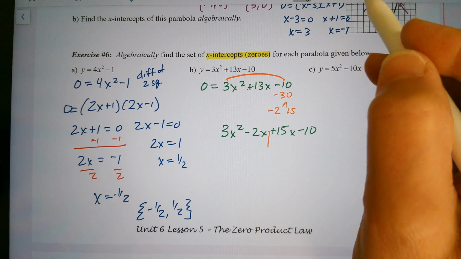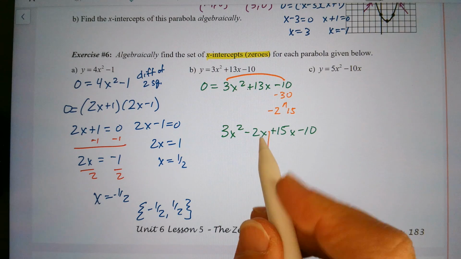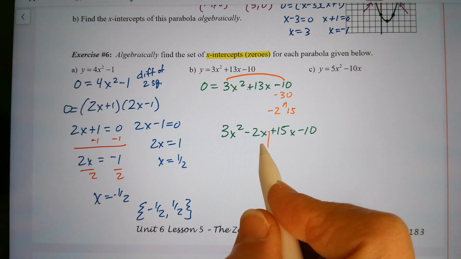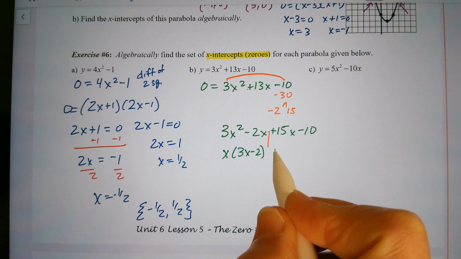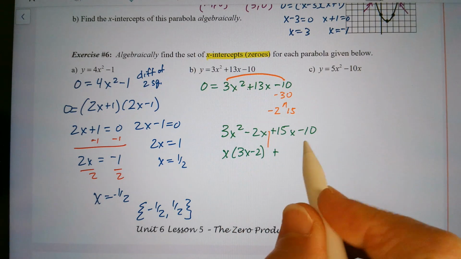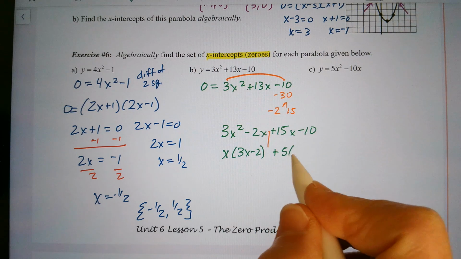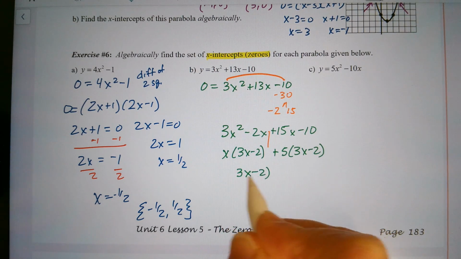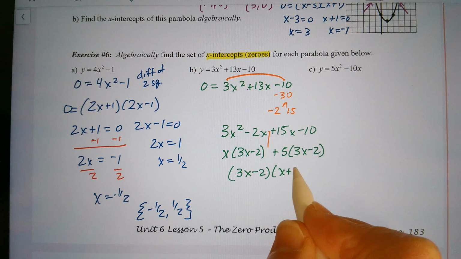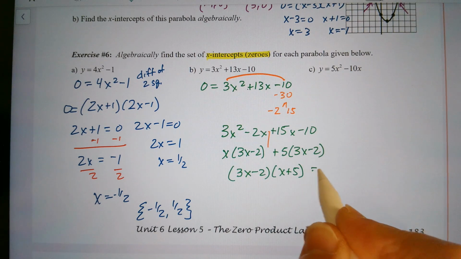4 terms, we group. GCF of the first 2 terms is x. Bring down the operator, and GCF of the last 2 terms is 5. 3x minus 2 is one factor, x plus 5 is the other. Equals 0.